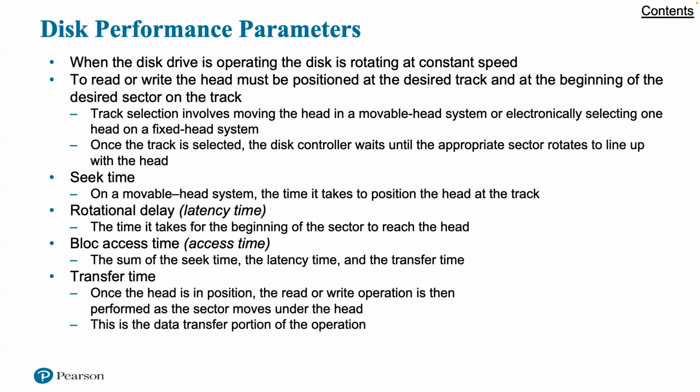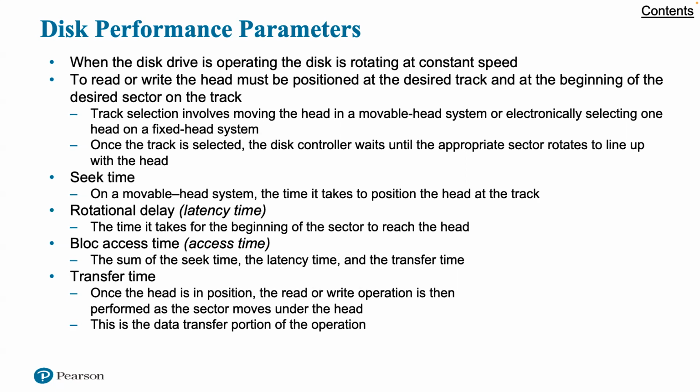In either case, once the track is selected, the disk controller waits until the appropriate sector rotates to line up with the head. The time it takes for the beginning of the sector to reach the head is known as the rotational delay or latency time, TL. Once the head is in position, the read or write operation is performed as the sector moves under the head.